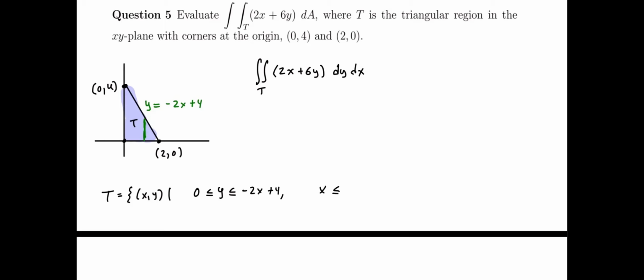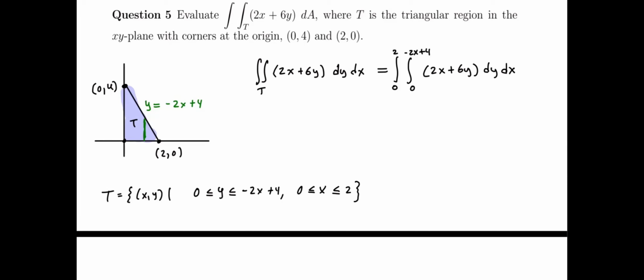And x will go from a constant to a constant, so we'll go from 0 to 2. That's how I'm going to describe this region. This is a type 1 region. So our integral is going to be set up this way. The inner integral will be from 0 to the line negative 2x plus 4, and the outer integral is going to go from 0 to 2. And our integrand is 2x plus 6y, dy dx. So that's how I'm going to set this up.